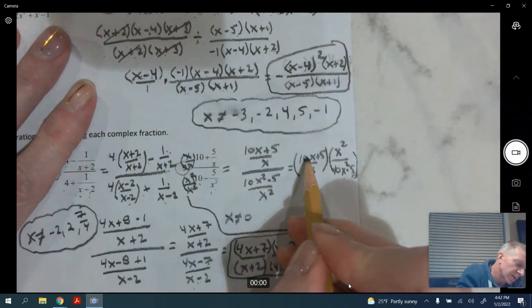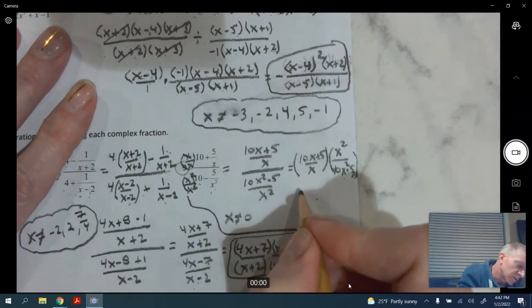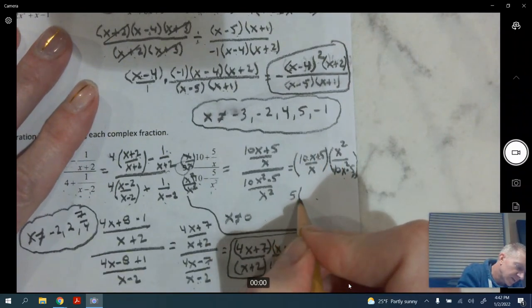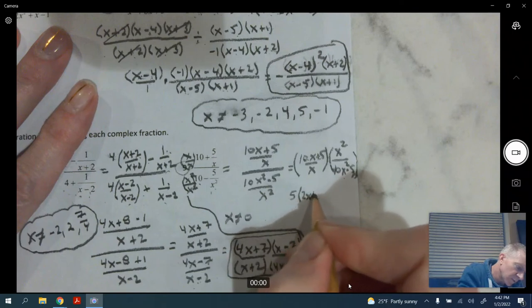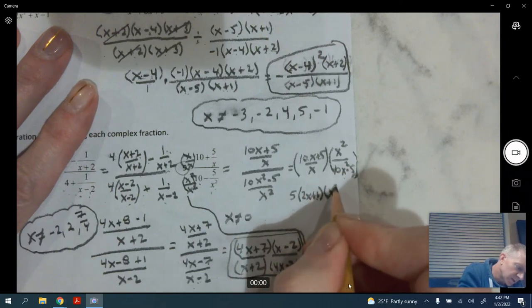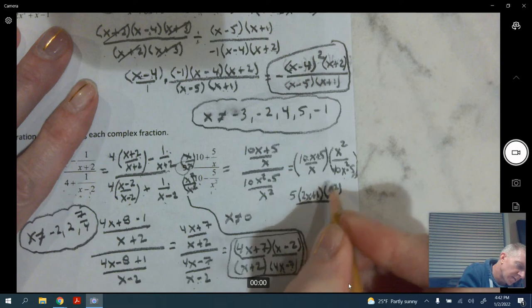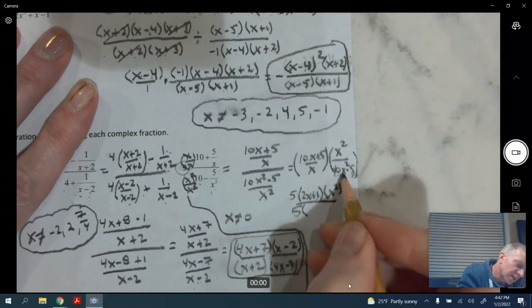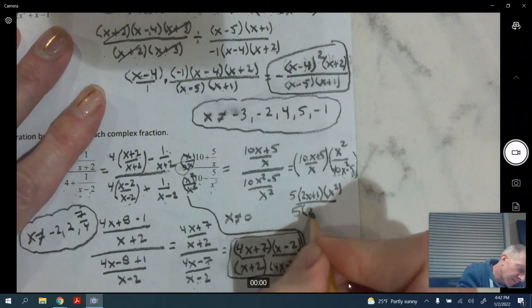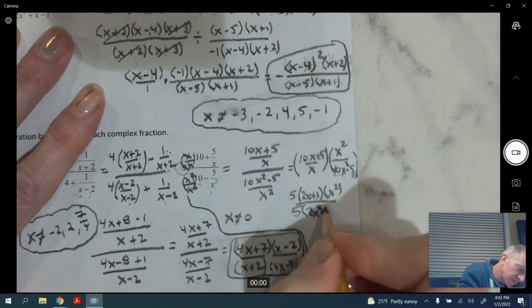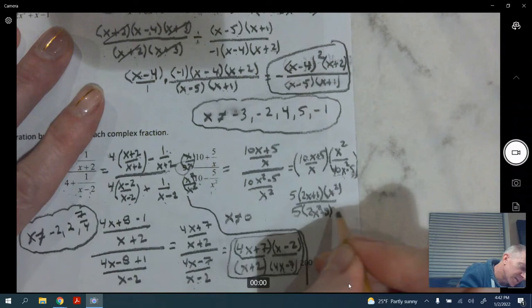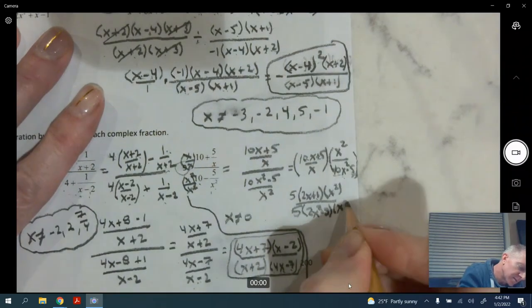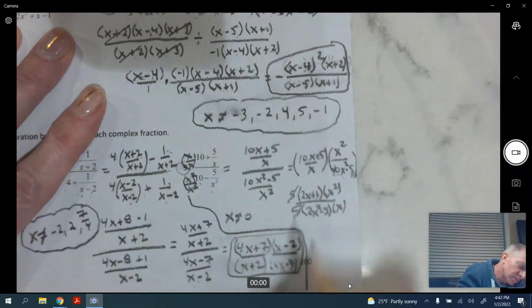We can factor out a 5 from here. So we're going to get 5 times 2x plus 1 times x squared on the top. On the bottom, we're going to factor out a 5 from these two terms, 5 times, then we get 2x squared minus 5, and then times an x. 5's cancel.